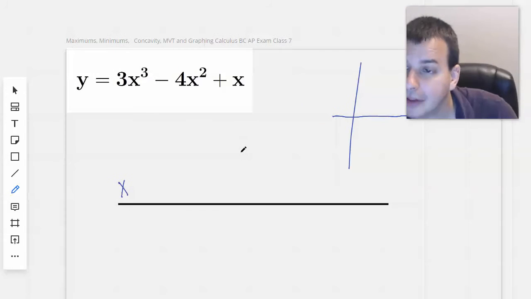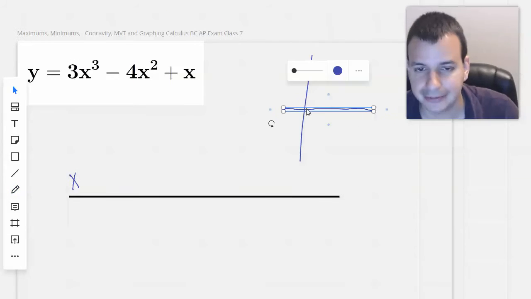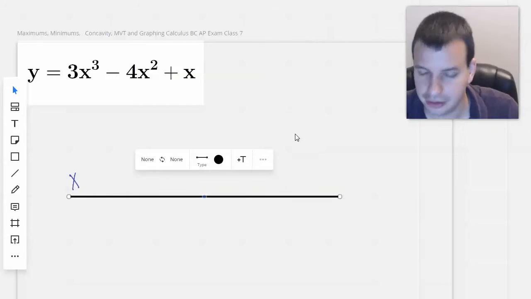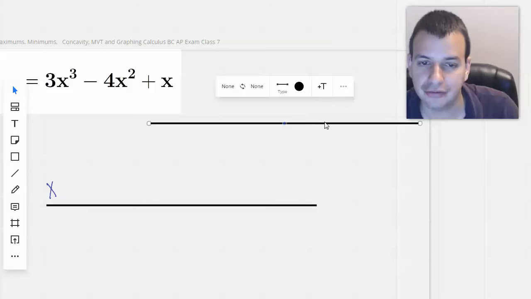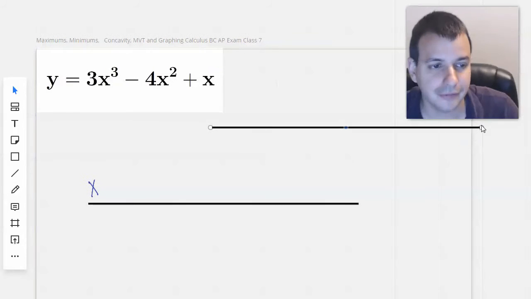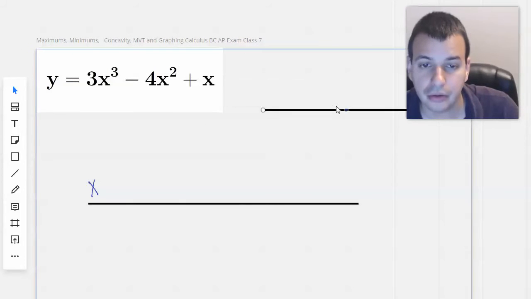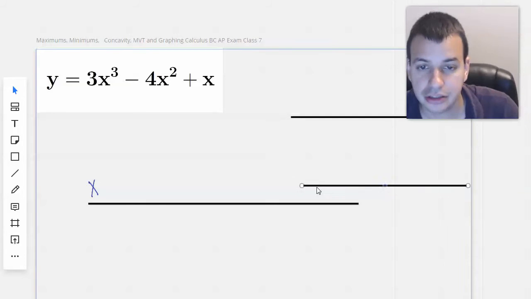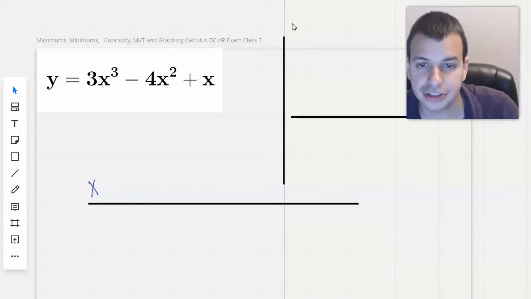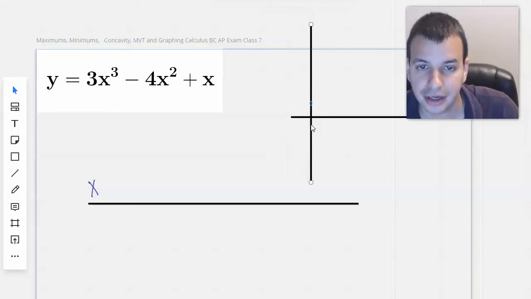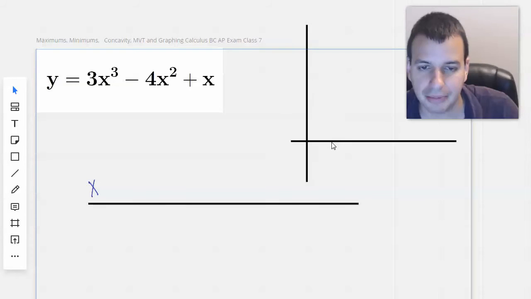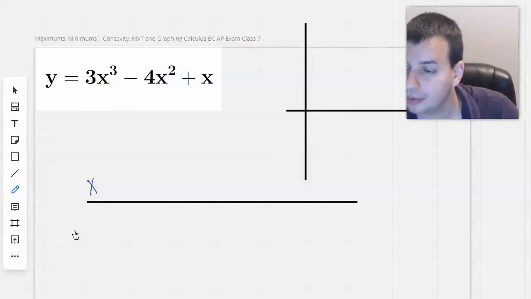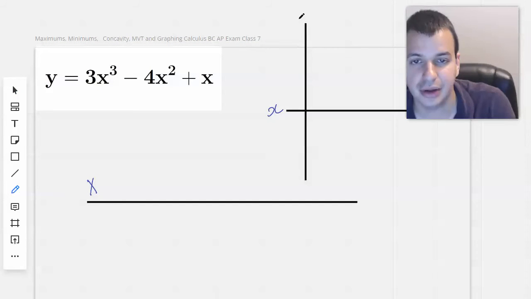There's one axis, and there's the y-axis. So we have an x and we have a y.